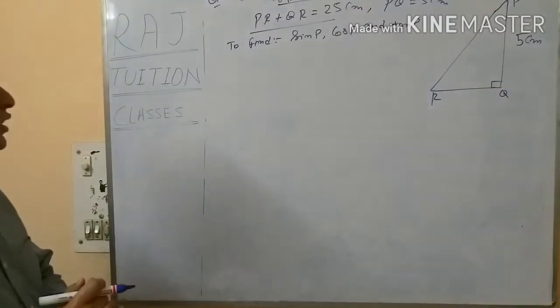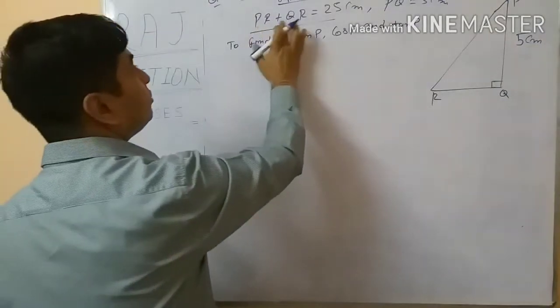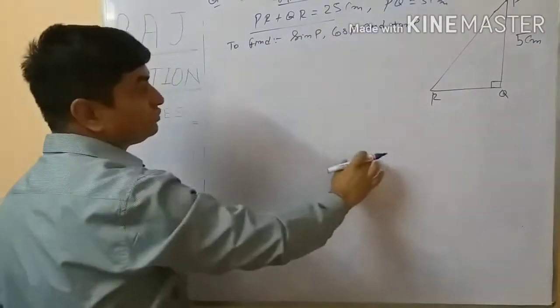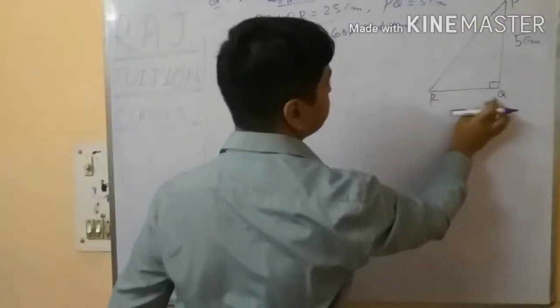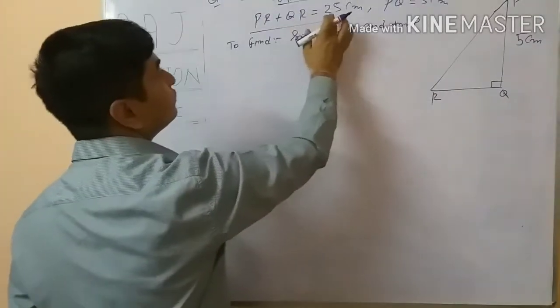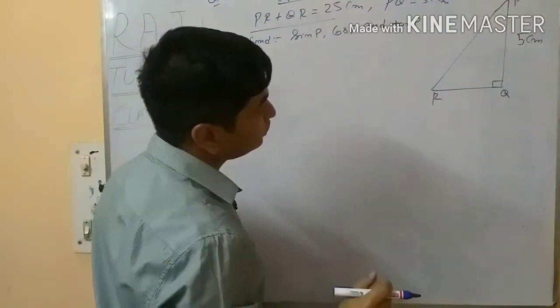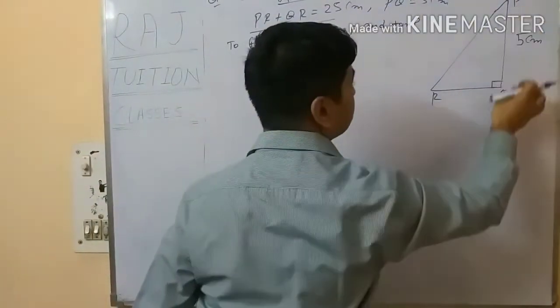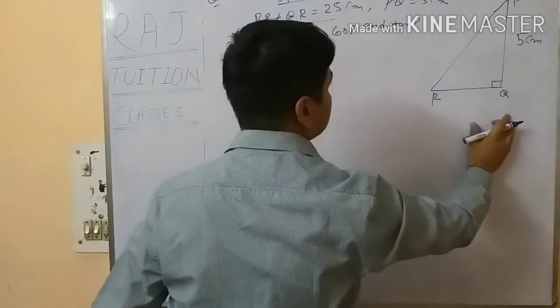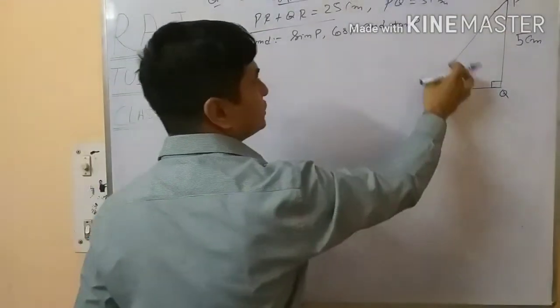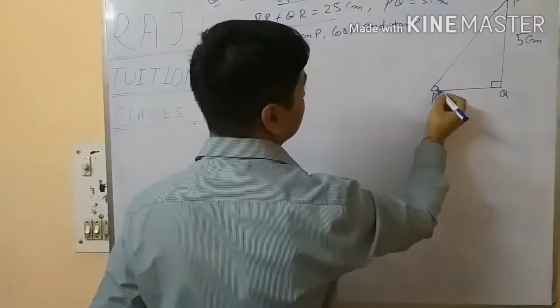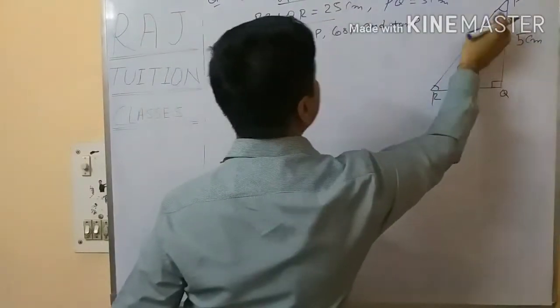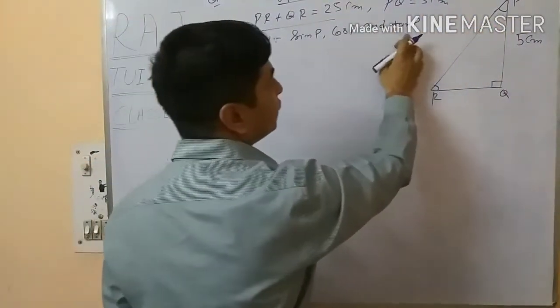We have PR plus QR equals 25. This is PR and this is QR. PR plus QR equals 25. And I have 5 centimeters, this one. So we have to find these two sides now. I have to find the ratios for P: sin P, cos P and tan P.